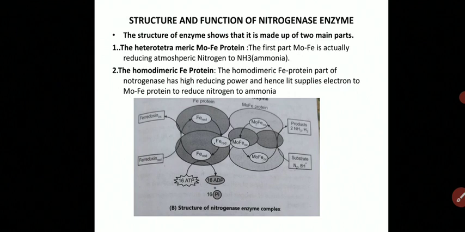The first component, the heterotetrameric MoFe protein, as shown in the figure, reduces N2 to NH3, that is, atmospheric nitrogen into a stable form of nitrogen. It is also known as component 1. It consists of two alpha subunits and two beta subunits.